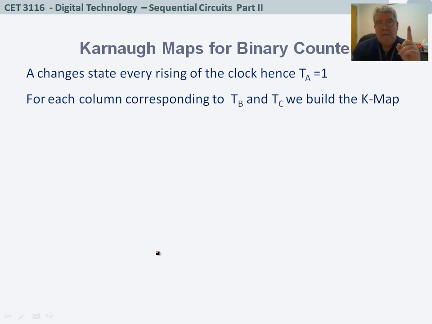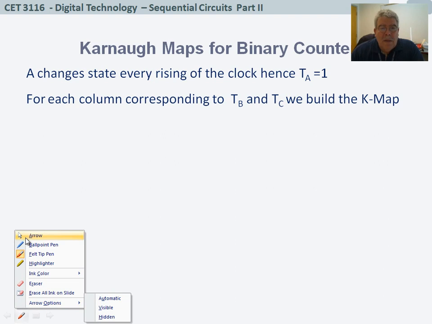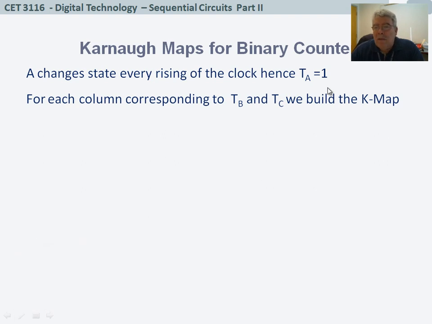We can produce that in a table for each one of the flip-flops. Better yet, we could use Karnaugh maps. For A, there's no problem because A is always 1. But B and C are a different story.